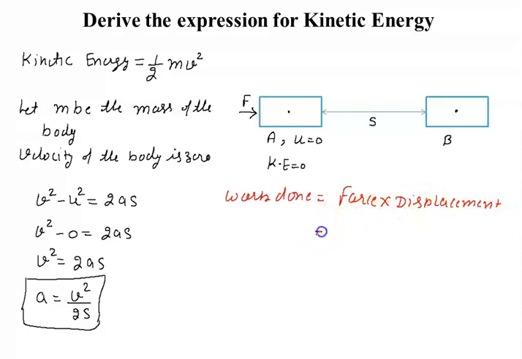So force is F and displacement is S. We know that the formula of force is mass into acceleration and S is the displacement.